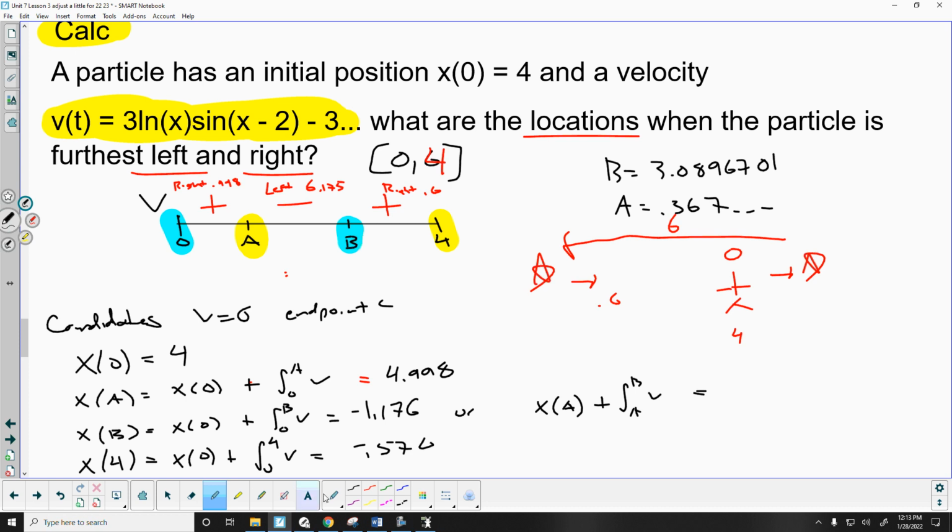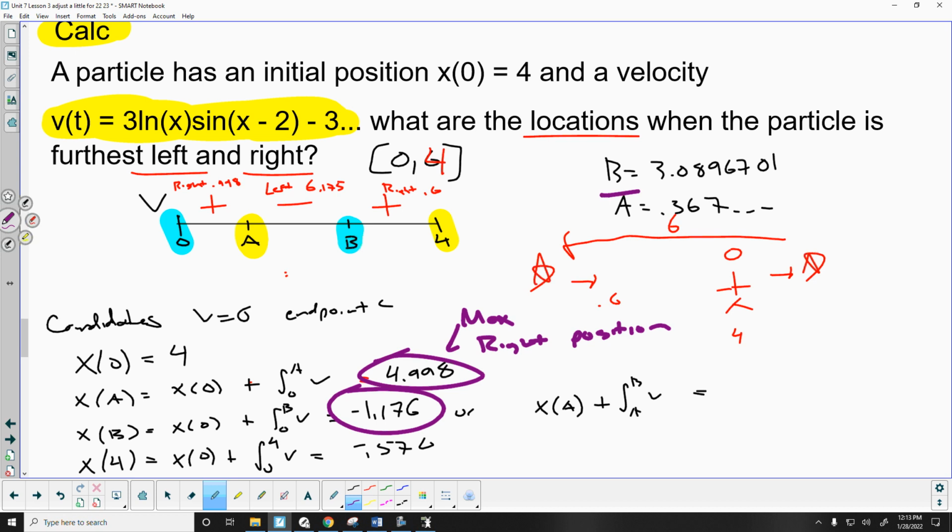But if you have been working throughout things, you understand why this has to be my max, which is when I'm furthest right, and that's the position at this time. And then this has to be the min, that's the left position, furthest left, and that would be at this time.